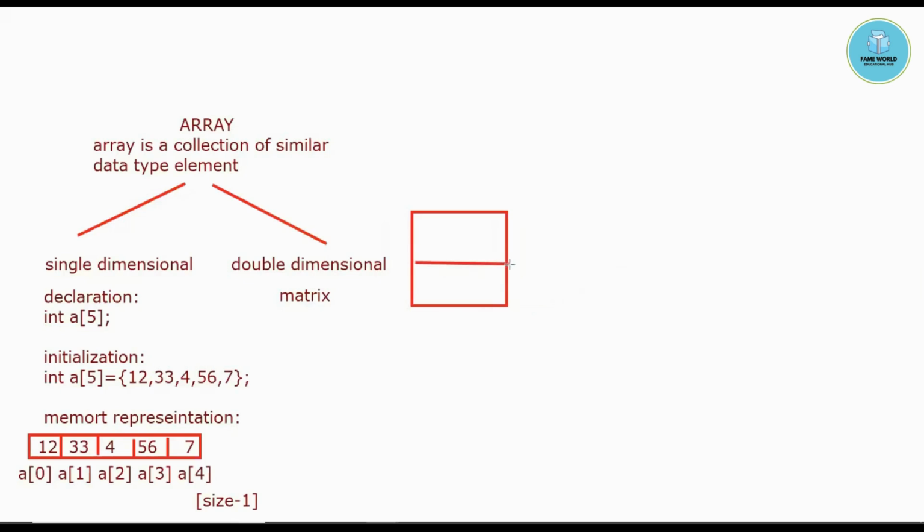Suppose there are 2 rows and 2 columns. The row is horizontal, and the columns are vertical in nature.